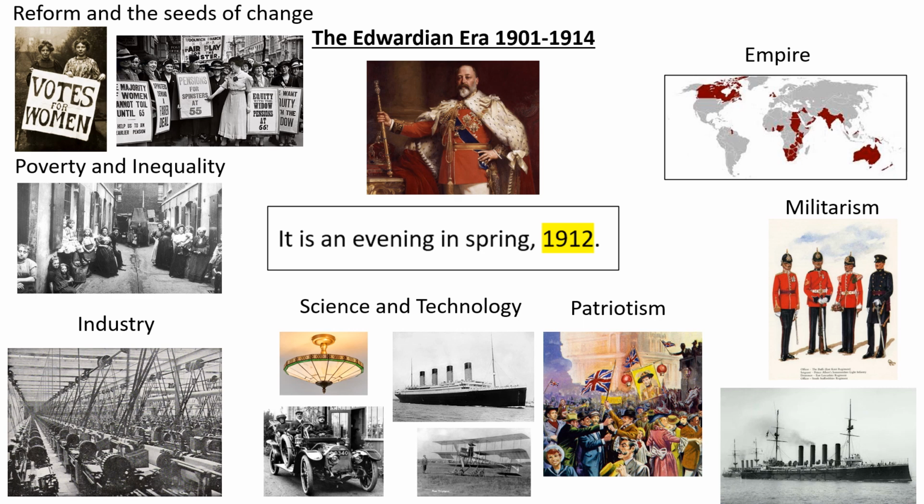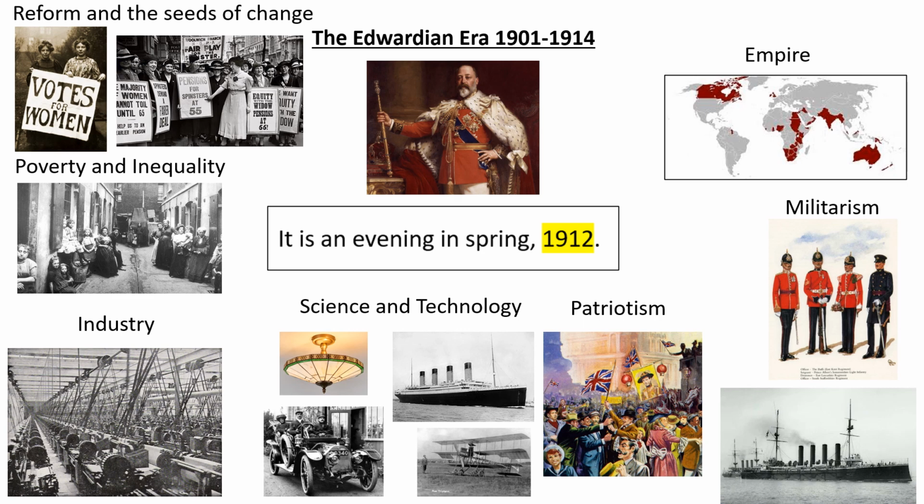Those factories were owned by individual men, and they were worked in by a vast army of workers who would have lived in cramped and overcrowded housing, which was full of disease, hunger, malnutrition, and all of those problems of poverty which you would expect from living in those conditions.